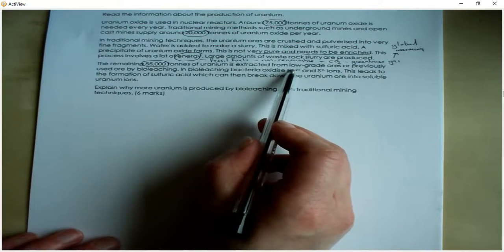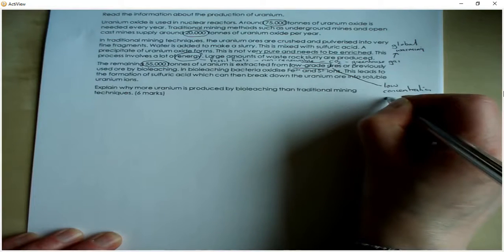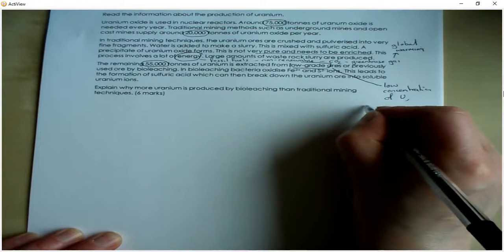Right, so the remaining 55,000 tonnes of uranium is extracted from low-grade ores or previously used ore. Low-grade ores, remember our definitions, are low concentration of, in this case, uranium, which means they're not cost effective with traditional methods.